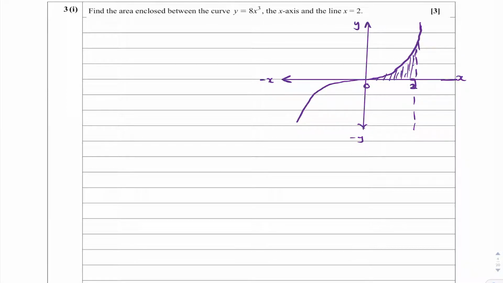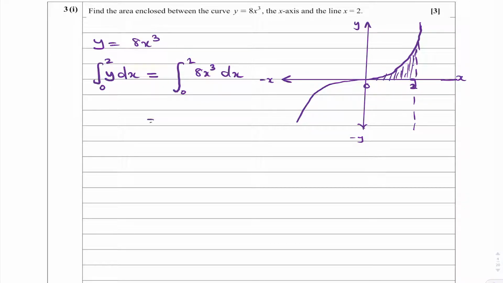In order to do that, we know that y equals 8x cubed, and the area is the integral of y dx within the boundary of 0 and 2. That will be equal to the integral of 8x cubed, because that's what y is, dx, between 0 and 2.